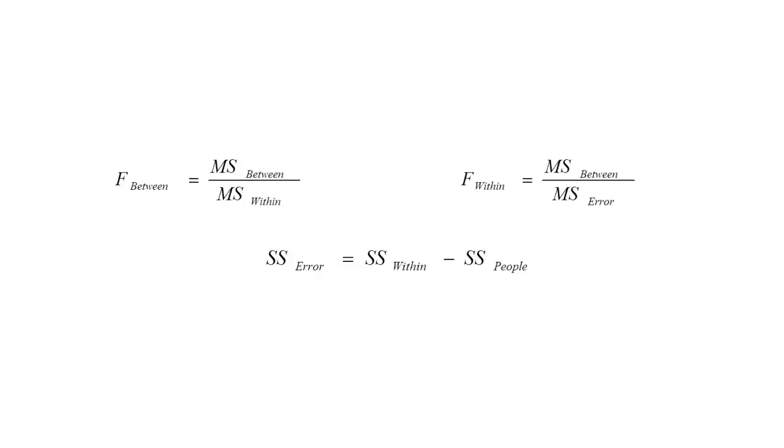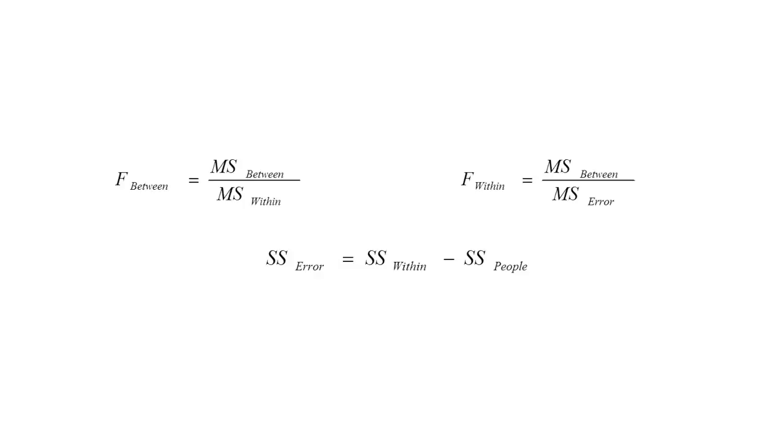So when you are thinking of a formula as a measure of signal to noise, the signal is how much variance is due to your treatments, and the noise is how much variance is just due to random error. And when we're doing within subject design, we can subtract out from that error formula how much variance is due to the people.